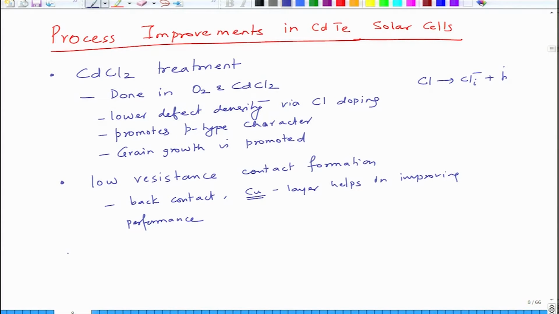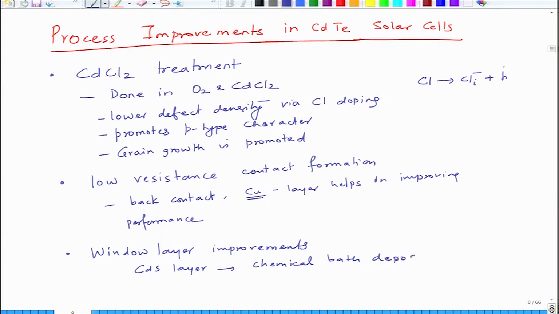And one can also do window layer improvements. So window layer means cadmium sulfide layer, which is made by either chemical bath deposition or PVD such as sputtering.